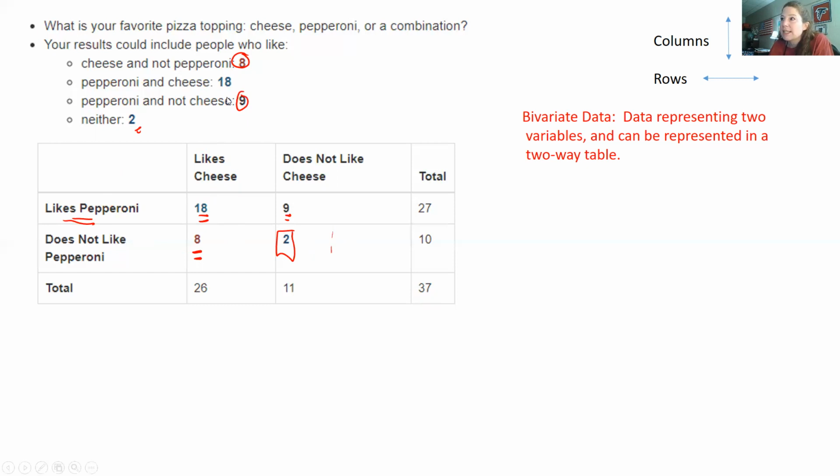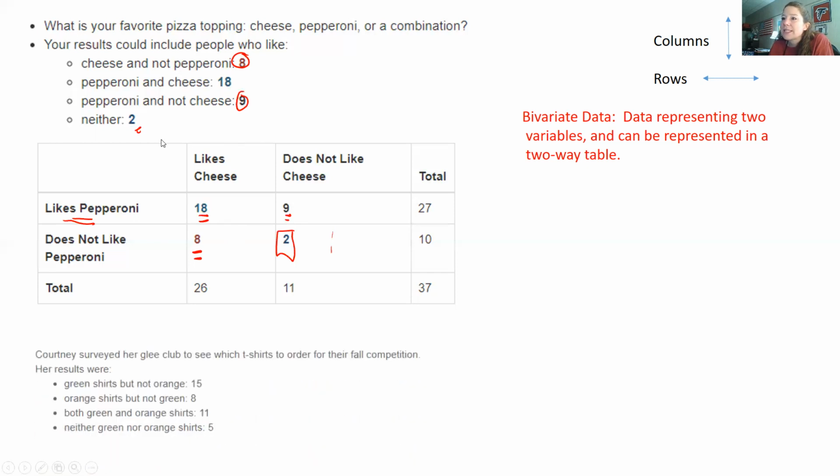Okay, so that's basically how you make and read a two-way table. So it says Courtney surveyed her Glee club to see which t-shirts to order for the fall competition. So we have information about green shirts and orange shirts.